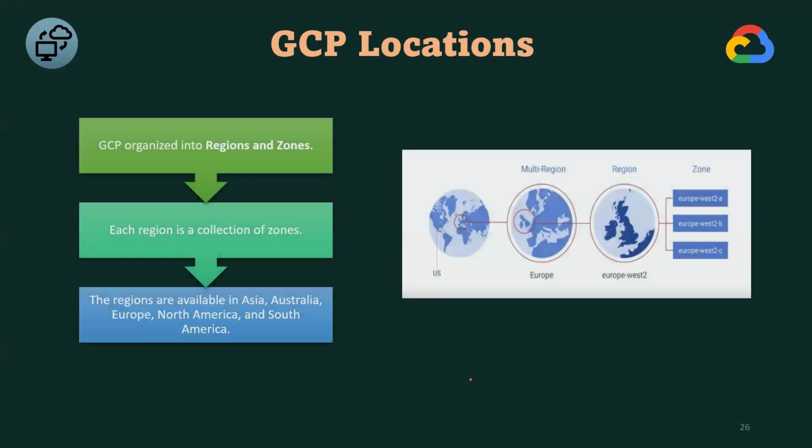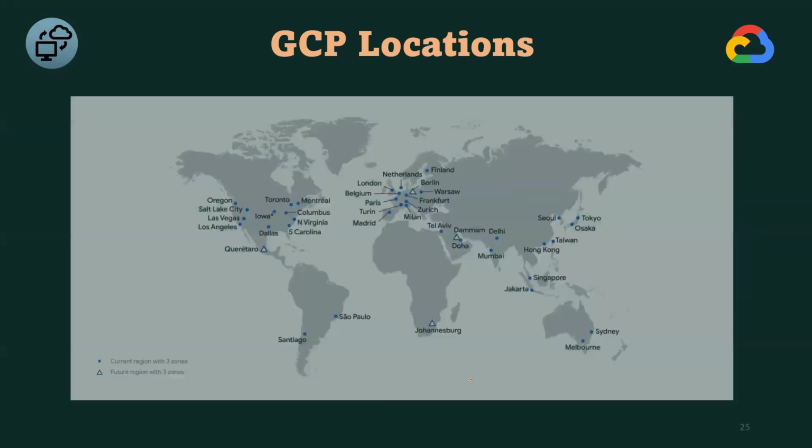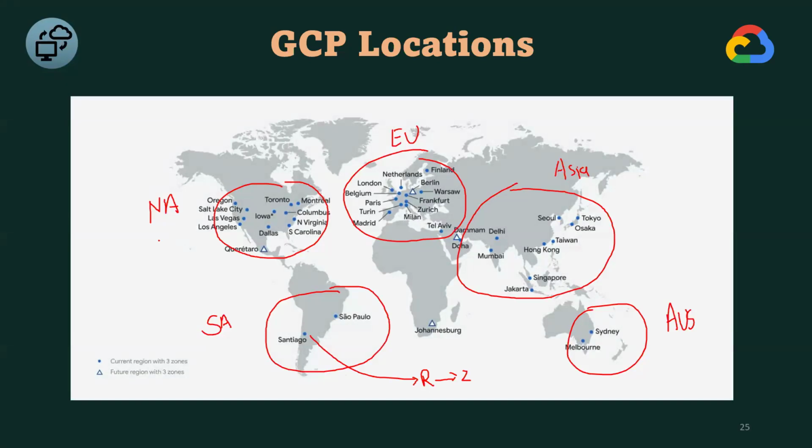Why, sir? Why do they have to do it? If the GCP resources were only available in one location, people from all over the world connecting to that location would find it very hard, so they may not be able to use the GCP resources. That's where GCP is going to lose, a huge loss in terms of the market.